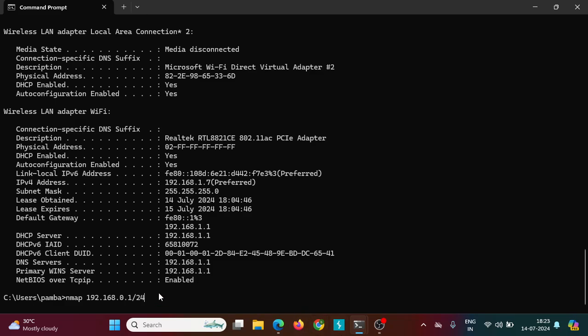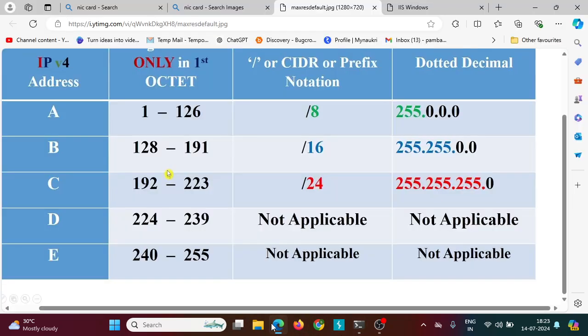This 24 refers to scanning the entire network. Here we are able to connect only 255 devices.